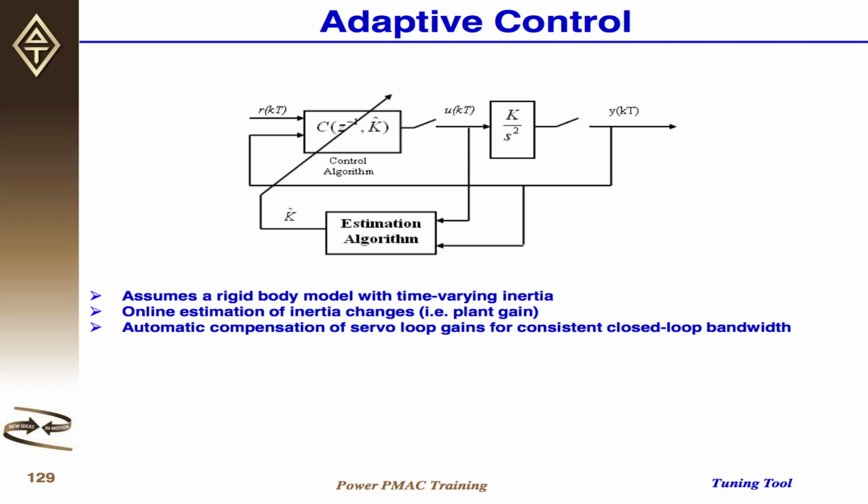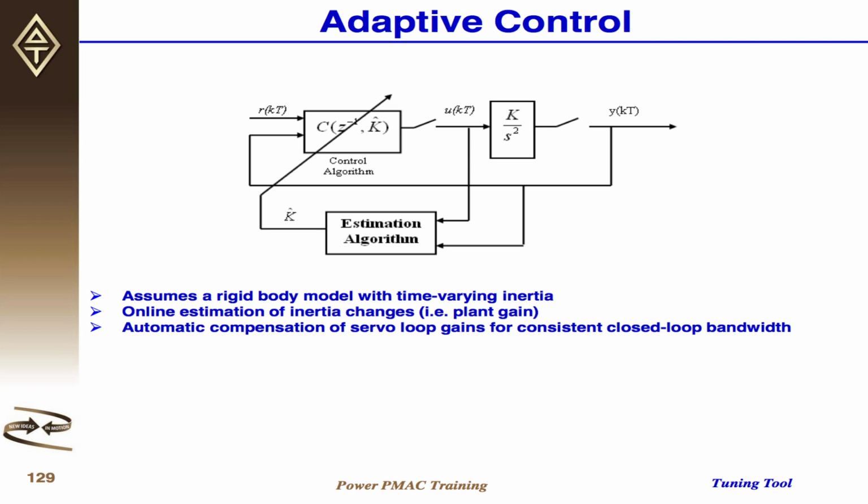But what this adaptive control algorithm does is, if you've heard about it, there are actually two types of adaptive laws. One is called model reference adaptive, and the other is called self-tuning adaptive control. Actually, this is more closely related to self-tuning controllers. As soon as there's a movement and the load changes, the overall gain is going to change.